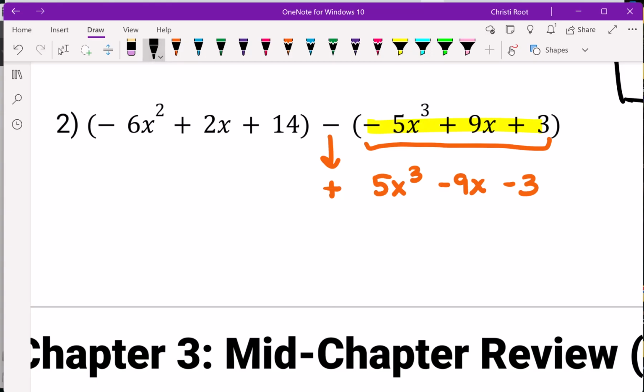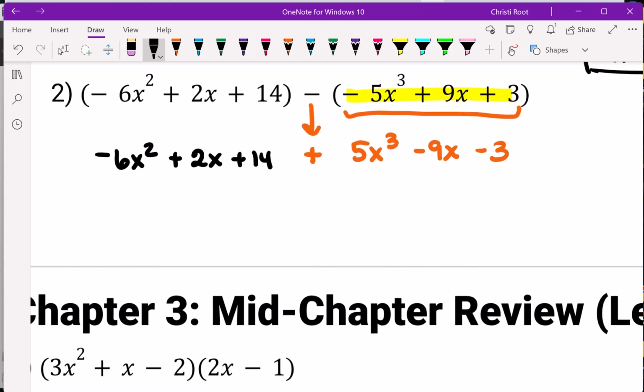Then I'm just going to go ahead and drop down exactly what I see here in the first group, because that's what I started with. And then I'm going to go through and highlight things that are like terms. Okay. So it looks like I have just a single 5x to the third here.